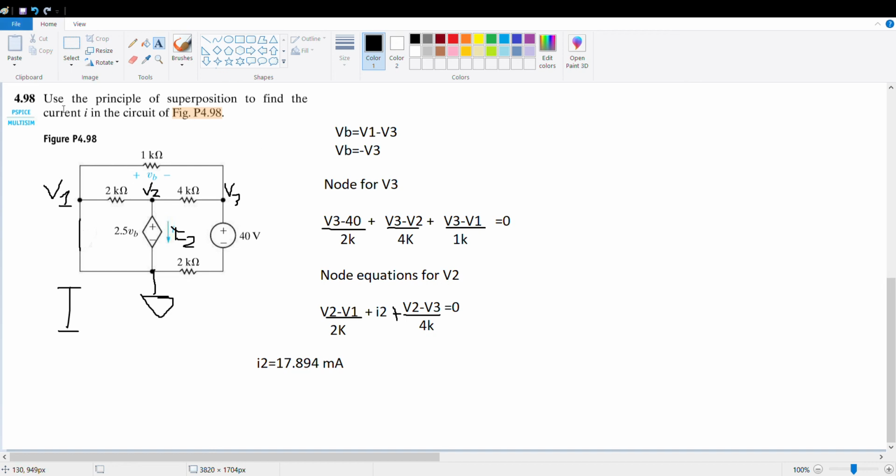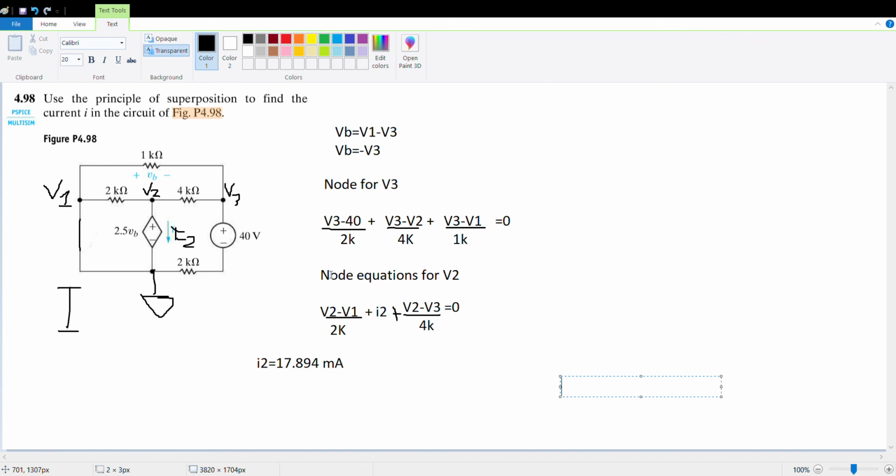And so our total current I is equal to the current we found, I1, plus the current I2, and this comes out to be 25 milliamps. So that is the principle of superposition. Practice at home, and good luck out there.